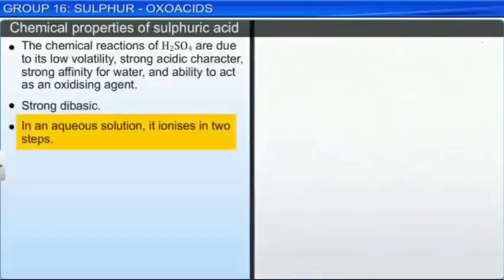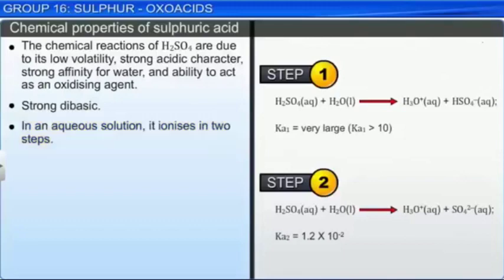Note that the value of dissociation constant, Ka1, for the first step is very large as compared to the second step. The larger value of Ka1 indicates the greater extent of ionization of H2SO4 into H+ and HSO4-, which in turn indicates the greater acidic strength of the acid.